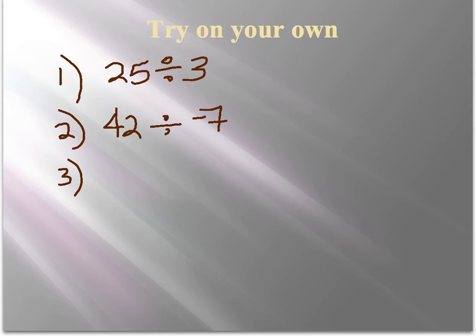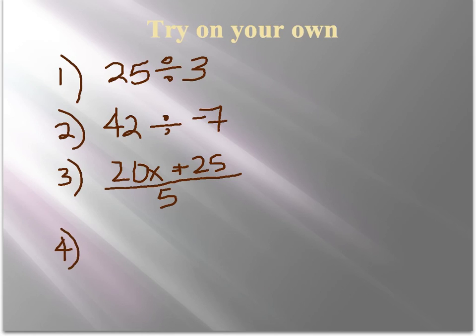And then we'll kick it into high gear and do 20x plus 25 all over 5. And then we will do, let's see here, 18x minus 12 all over negative 3. All right, good luck.